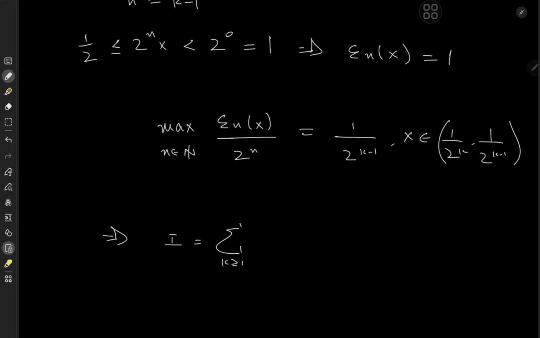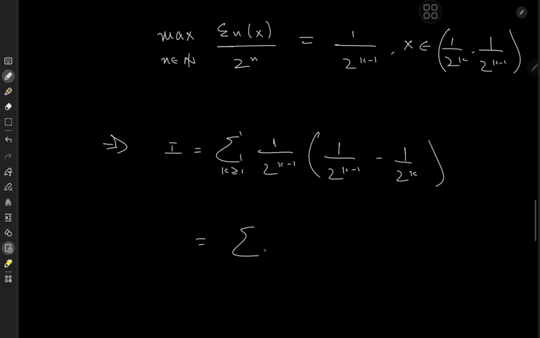So that means we can just write this as 1 over 2 to the k minus 1 times the length of the interval, which is 1 over 2 to the k minus 1 minus 1 over 2 to the k. We can factor out 1 over 2 to the k minus 1, because that is just 1 over 2 to the k minus 1 again. We're left with 1 minus 1/2, which is 1/2.